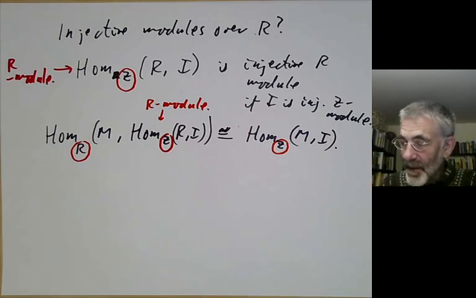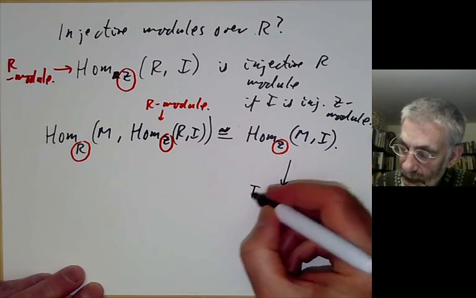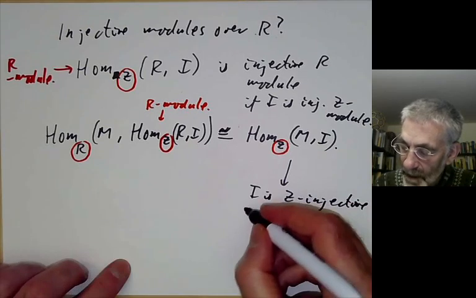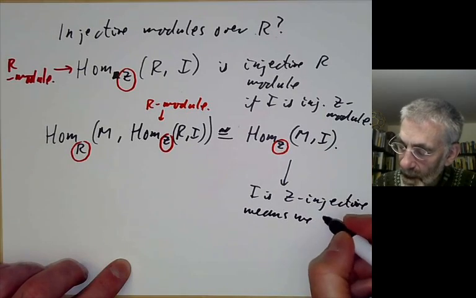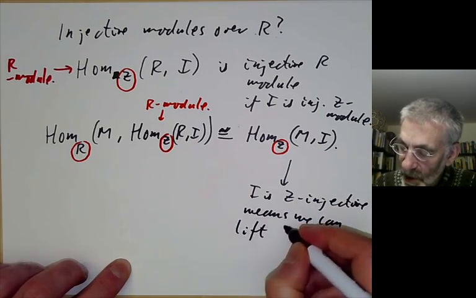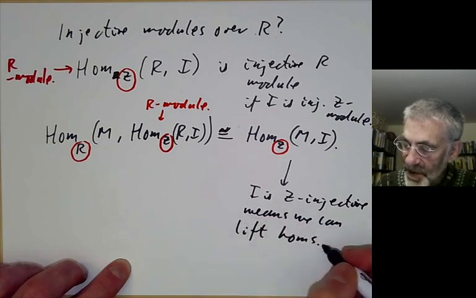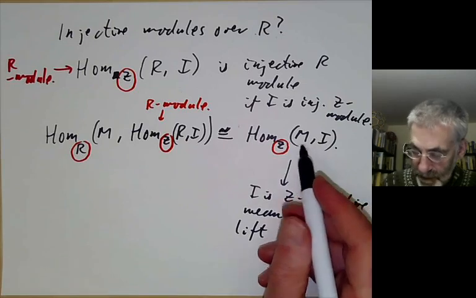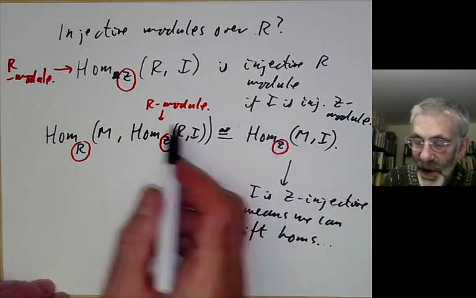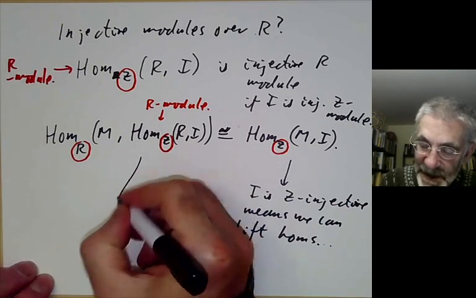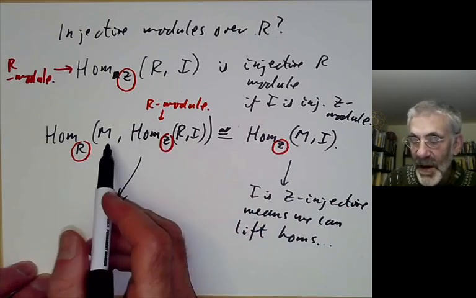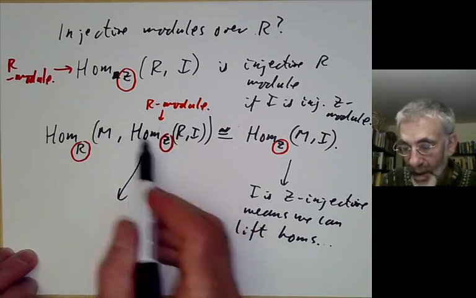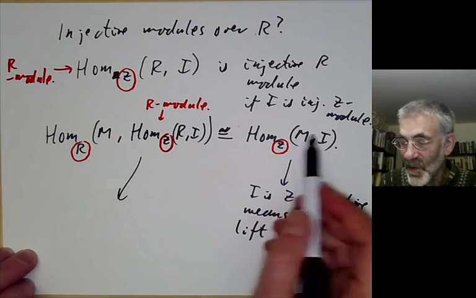And now I is Z injective, which means we can lift homomorphisms from submodules to full modules. And since we can do that here, we can also do it on this side, and this means that we can lift homomorphisms from submodules to this to homomorphisms from modules to this, because we can do it on this side.